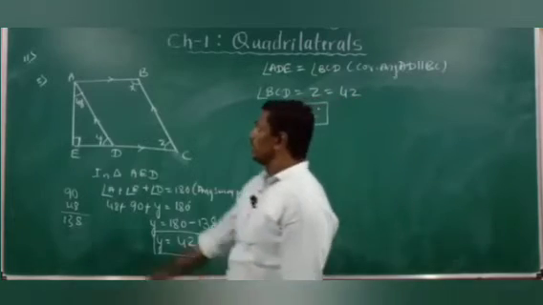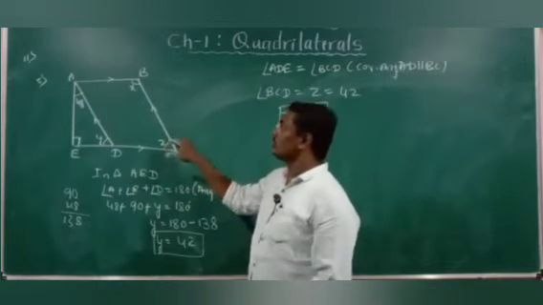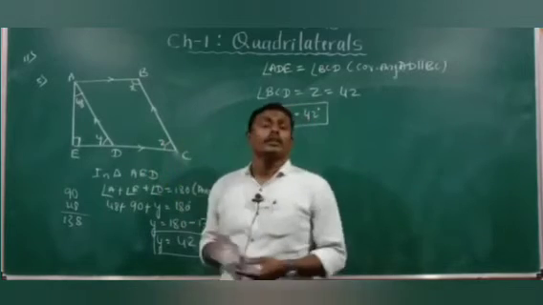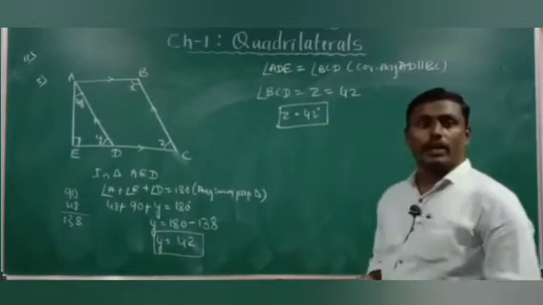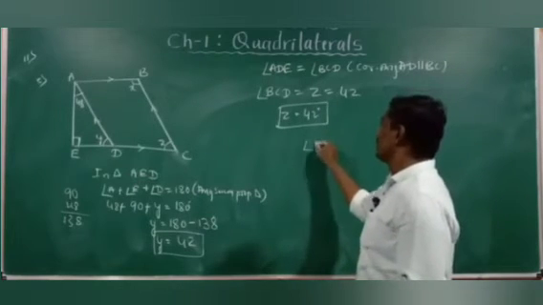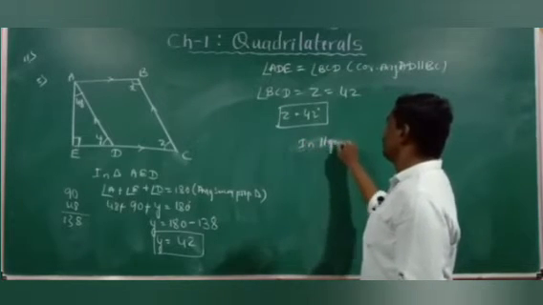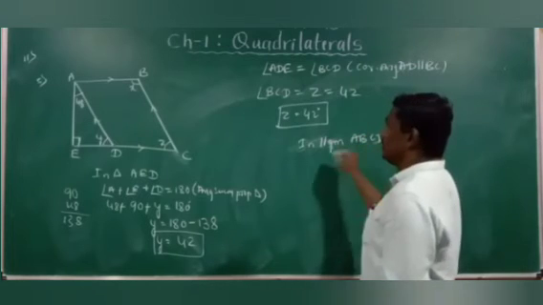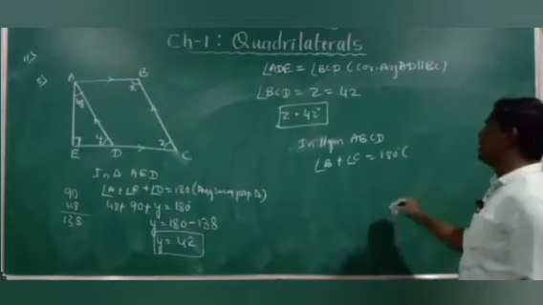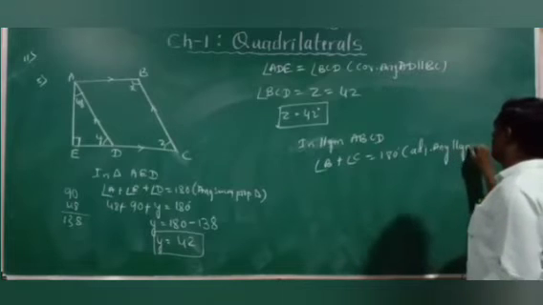Right? Now, ABCD is a parallelogram. Here Z is equal to 42 degrees, and the sum of these two angles is equal to 180 degrees, because angle B and angle C are the adjacent angles of the parallelogram ABCD. So in parallelogram ABCD, angle B plus angle C is equal to 180 degrees, because these two are adjacent angles of a parallelogram.